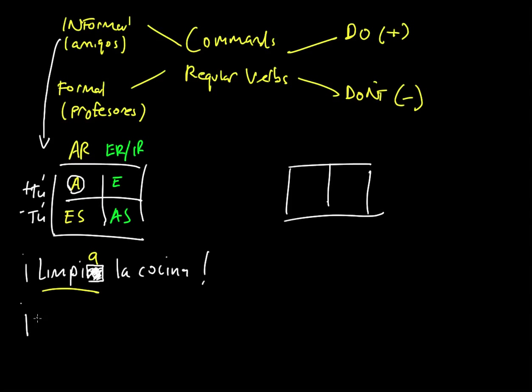Now let's give a negative command. So maybe you're hungry and you tell someone, hey, I want to eat Taco Bell. Let's go. Well, I'm going to give you a negative command. I'm going to say, don't eat Taco Bell. Okay, unless you want diarrhea.